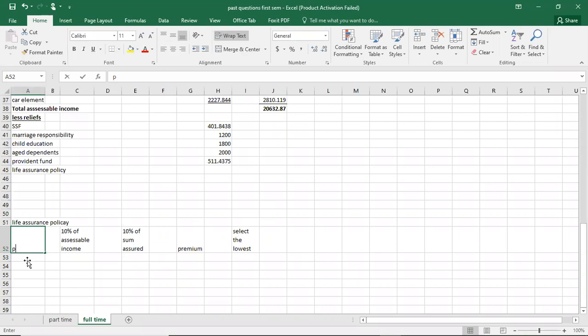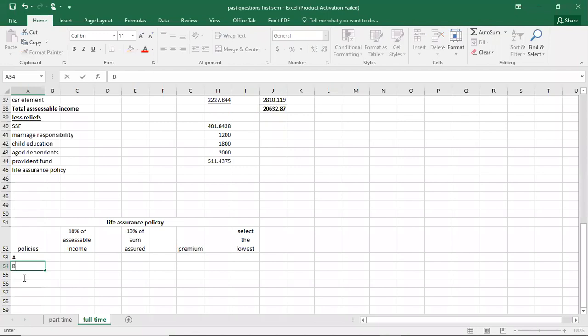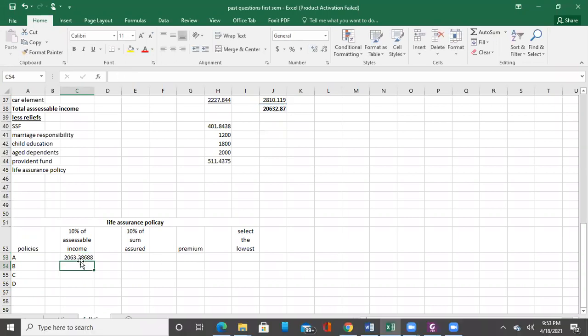So you have policy A, policy B, policy C, and policy D. 10% of total assessable income will be equal to 263.288.68.